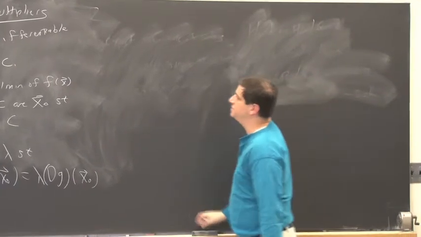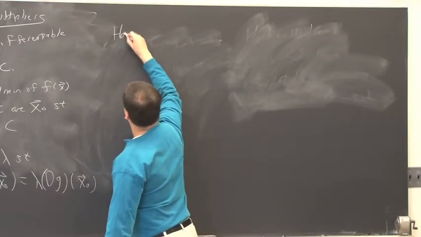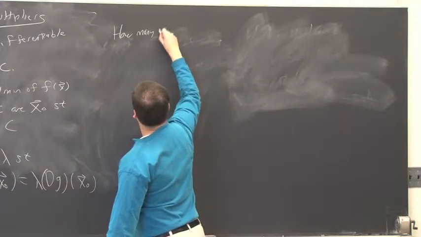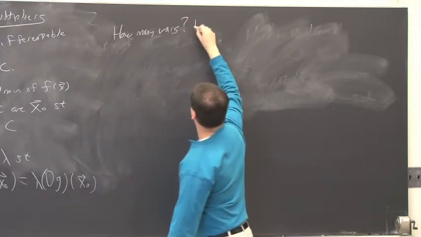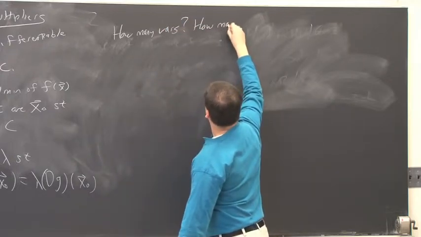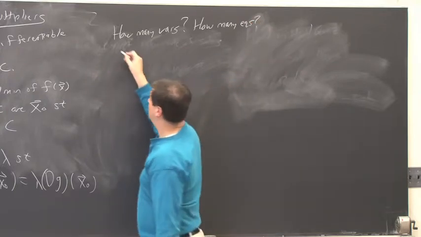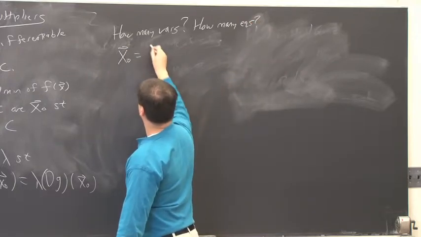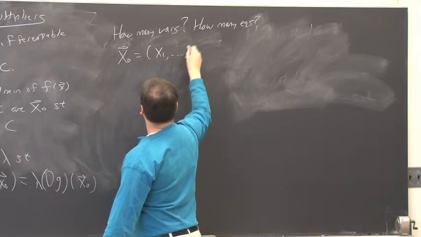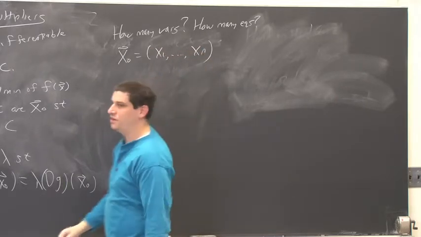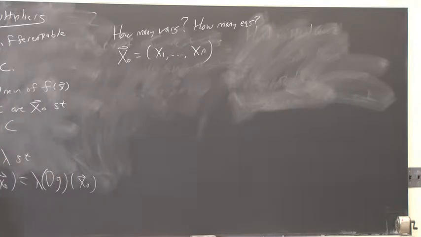So the question is, how many variables, how many equations? My point x naught is some n tuple of numbers, x1 through xn. Do we have any other variables?